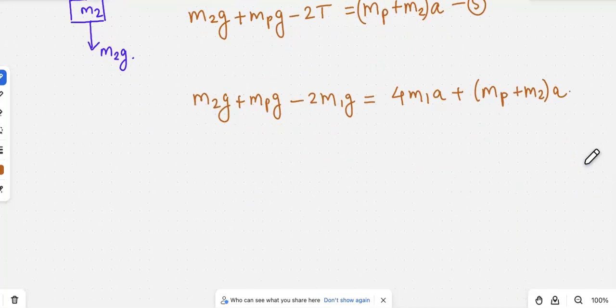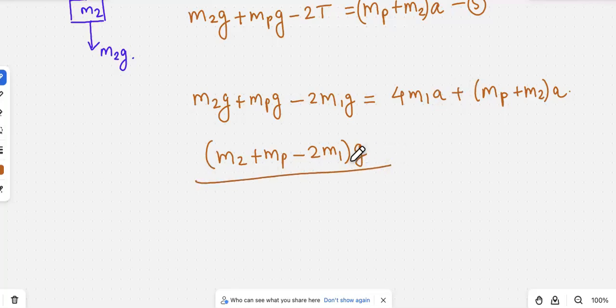So here you can get it like this: m2 plus mp minus 2m1, into g, divided by, you take this common, 4m1 plus mp plus m2, is equal to a.